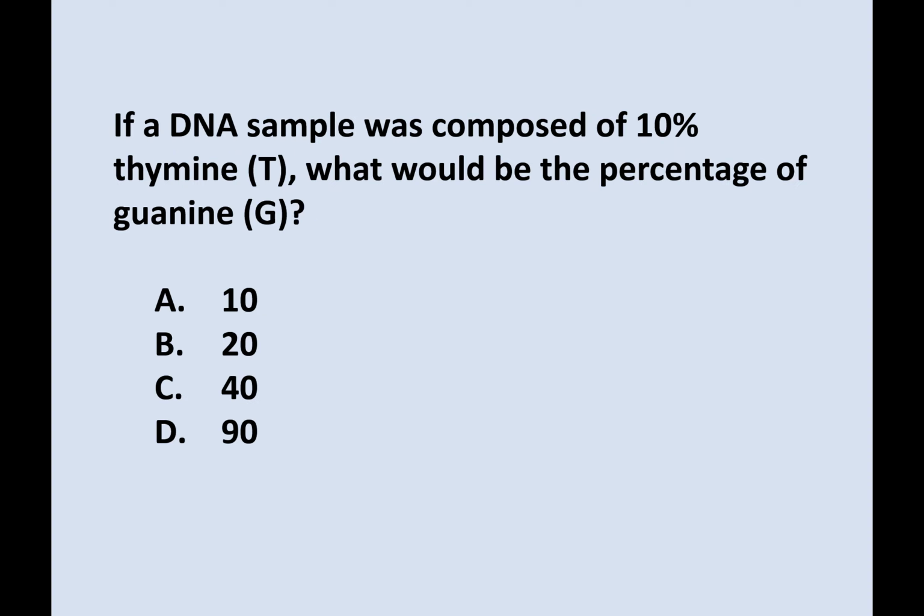All right, I really want you to try this one. You'll see, I'm sure, a question like this on quizzes. If DNA was composed of 10% thymine, what would be the percentage of guanine? So what I want you to remember is for every T, you have to have the same amount of A's because they base pair.